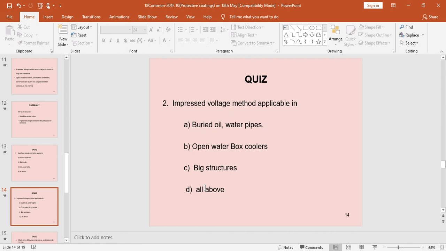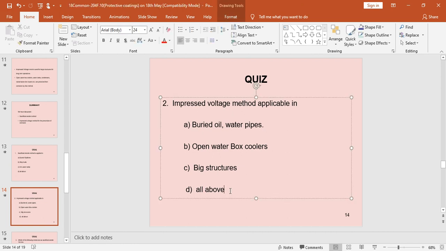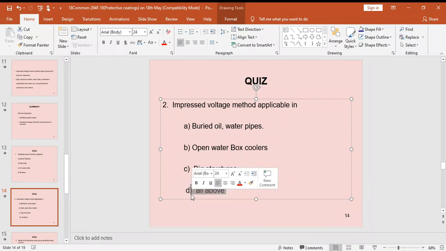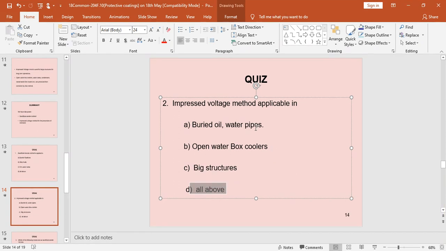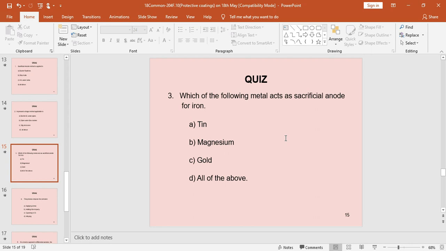The impressed voltage method is used for buried oil and water pipelines and also open water box coolers and big structures. So for the second question the answer is all the above, right? If you apply reverse current, these are protected from corrosion.